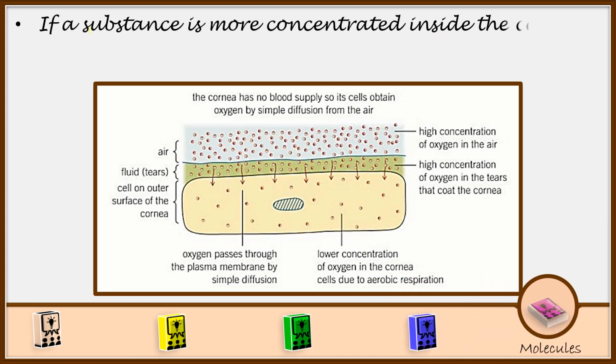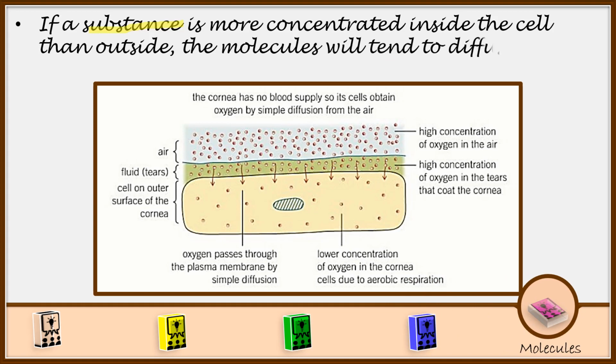If the substance is more concentrated inside the cell than outside, then the molecules will tend to diffuse out of the cell. Suppose, for example, that because of the respiration which is taking place, we are producing carbon dioxide.